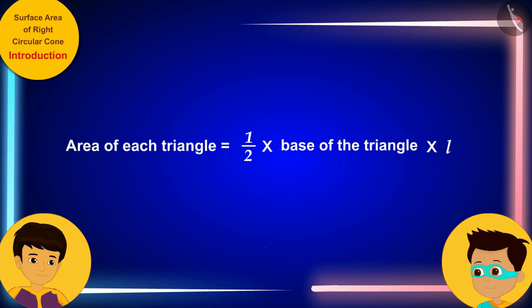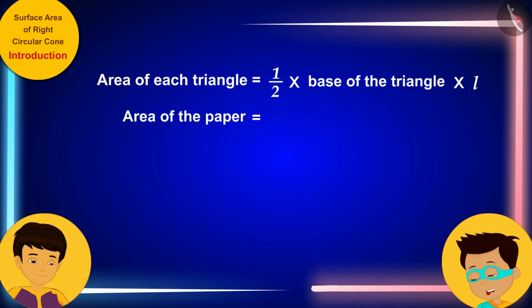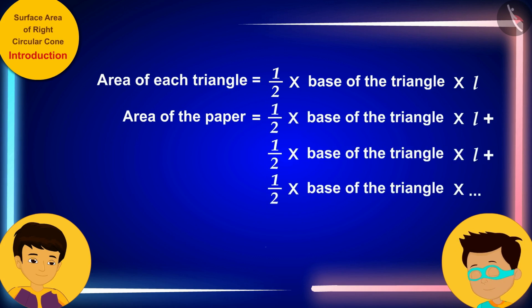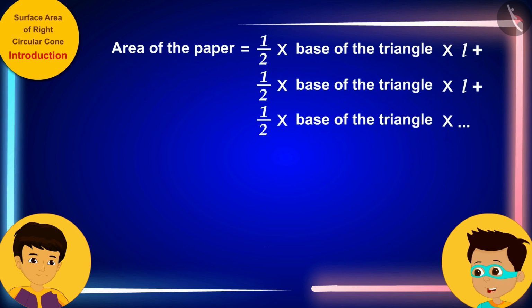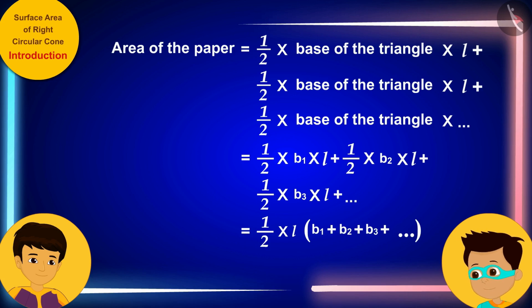Well done! And see, the area of the entire paper will be equal to the sum of the areas of all these pieces. Now, if we represent the bases of all these triangles by writing B1, B2, B3, etc. respectively, then we can write the sum of the areas of all these triangles in this way.